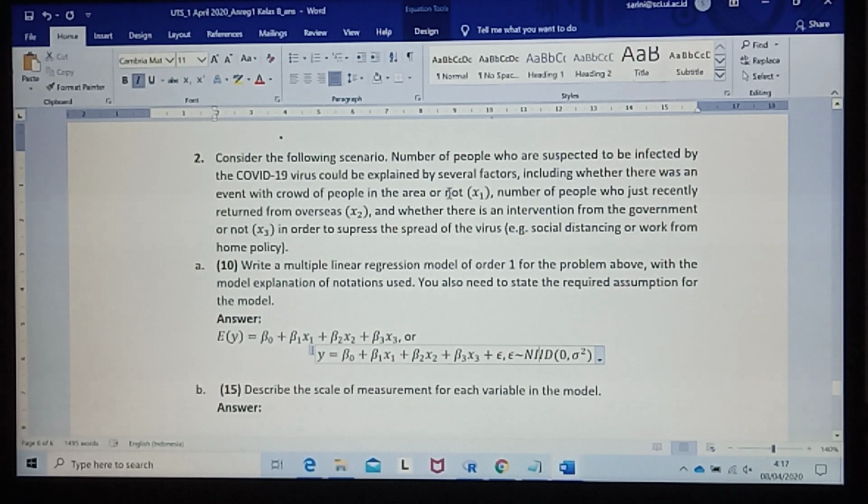Y is the number of people who are suspected to be infected by the COVID-19 virus.